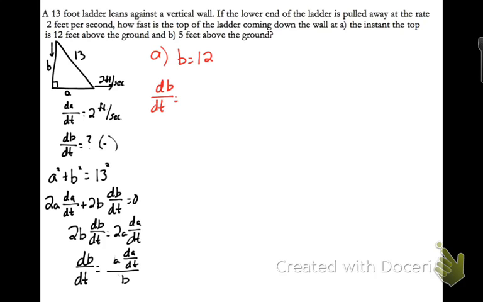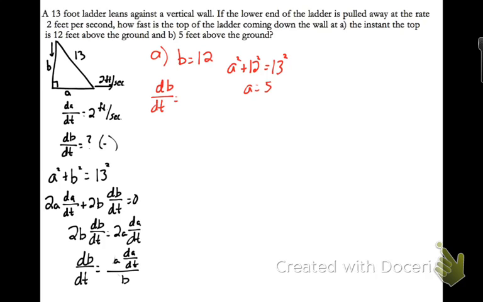Well, what is a? Well, a squared plus b squared, in this case 12 squared, has to equal 13 squared by the Pythagorean theorem. Now some of you may recognize this triple, some of you may not, but when you solve for a, you'll find that a is 5 in this case.